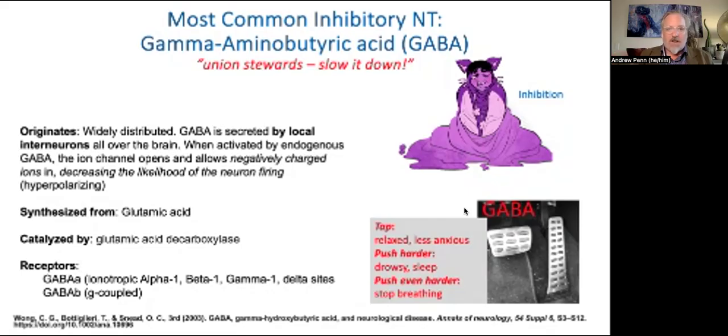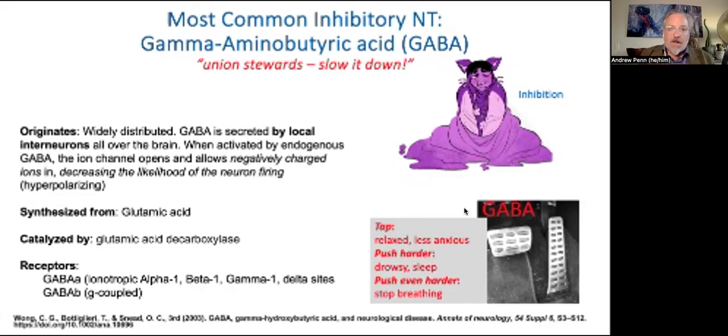You order it, you forget about it, and it shows up 4 weeks later, and you think, oh, what's this package, right? Whereas GABA and glutamate are more like Amazon. Amazon has these distribution centers everywhere. So this is why you can get your goods in a few hours or maybe a day, because the things that you need are probably in a warehouse not too far away from where you live. And so similarly, GABA and glutamate are found all throughout the brain, so they can get to where they need to right away.